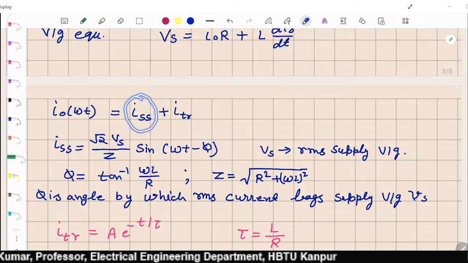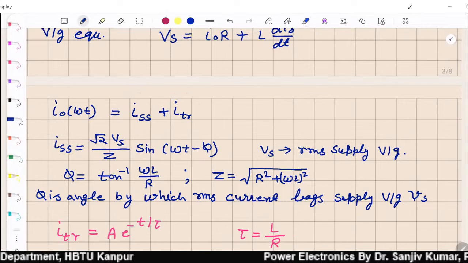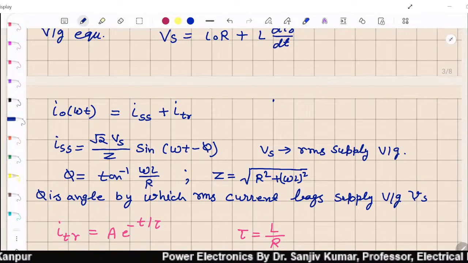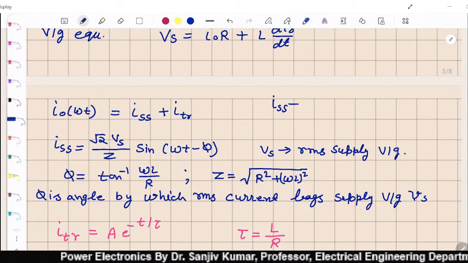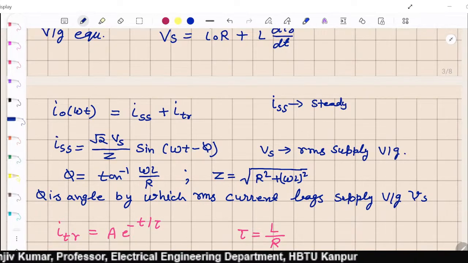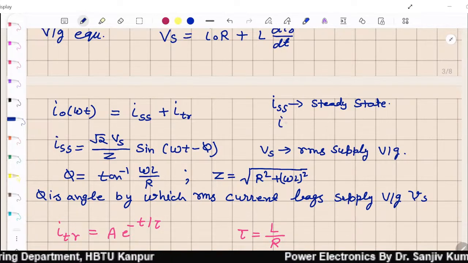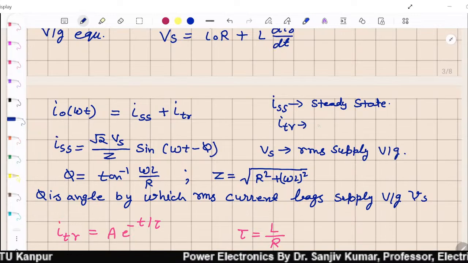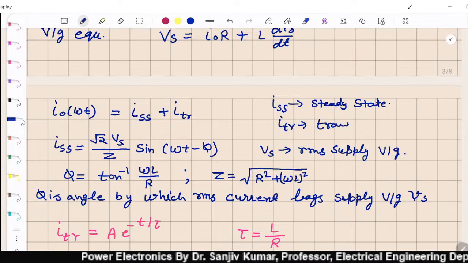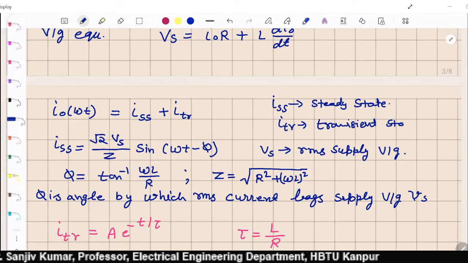One is steady state and the other one is transient state. ISS is steady state and ITR is transient state.